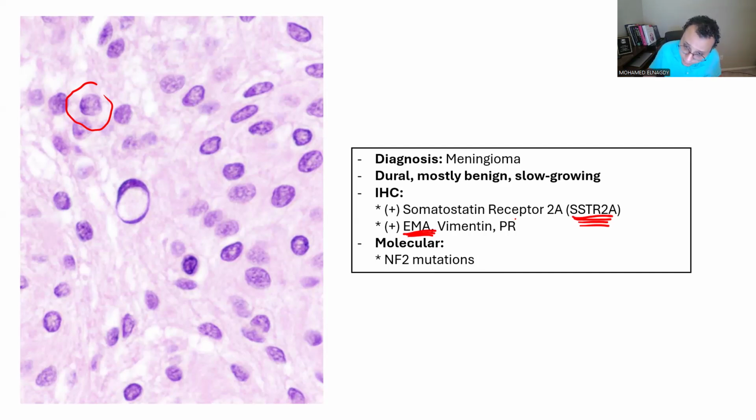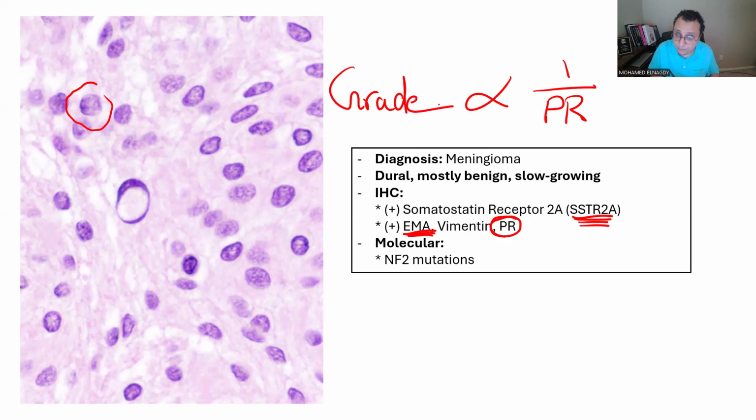And the significance of the PR stain, if you want to know, it's progesterone receptor. Actually, most of the meningiomas are PR positive. But the thing is, the progesterone receptor expression decreases as the grade increases. So I always say that progesterone receptor expression is inversely proportional to the grade of meningioma.